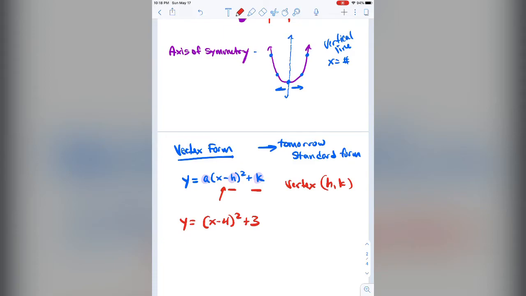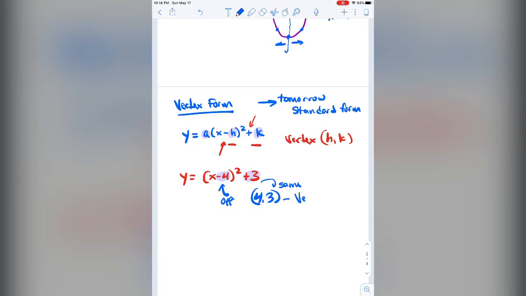K is just plus k, so it's just going to be the same thing. So in our example here, we have x minus 4 plus 3. So our vertex is at 4, 3. Again, the opposite of what's inside here and the same as what's over here. So our vertex lies at 4, 3.